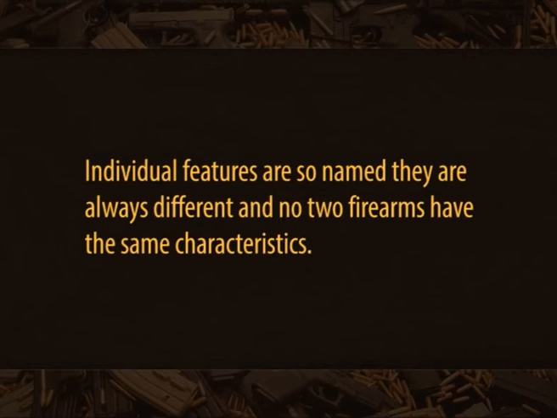Class characteristics are common on the ammunition fired from firearms of the same make and model, but they differ with different makes and different models of the same make. Individual features are so named because they are always different and no two firearms have the same characteristics.